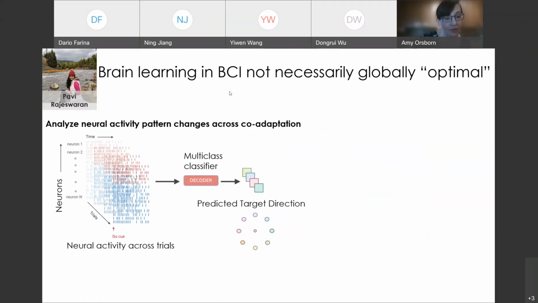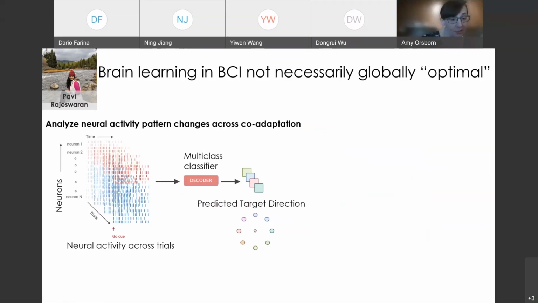So what she is doing is looking at the patterns of neural activity across all of the neurons that we're recording and building a classifier to look at how those patterns of neural activity relate to the targets that the user is trying to get to.